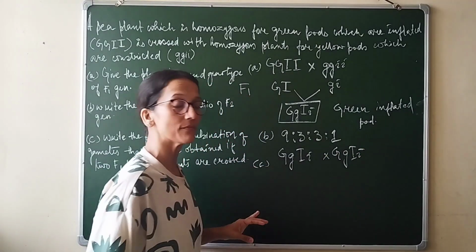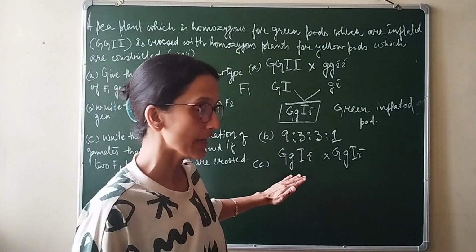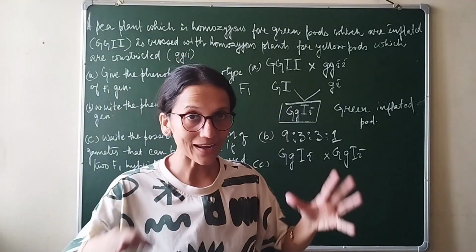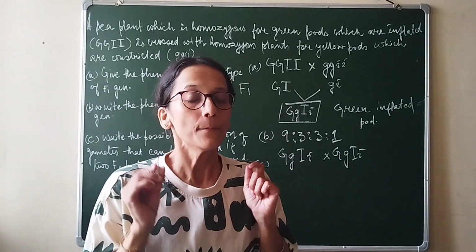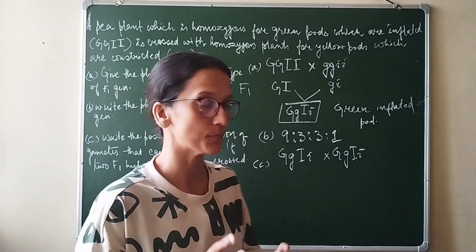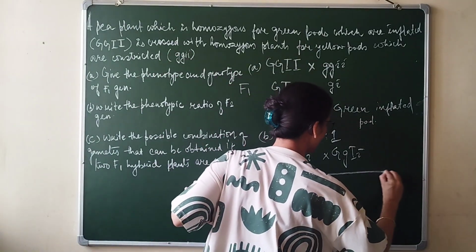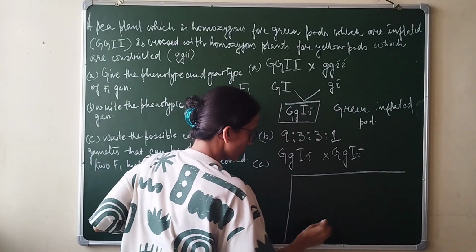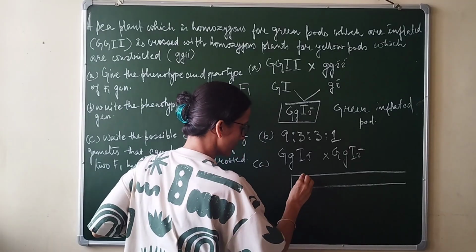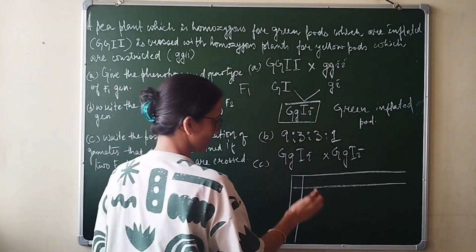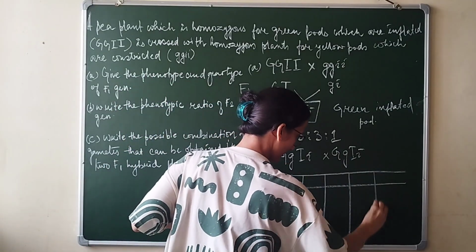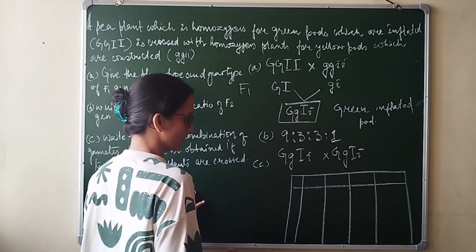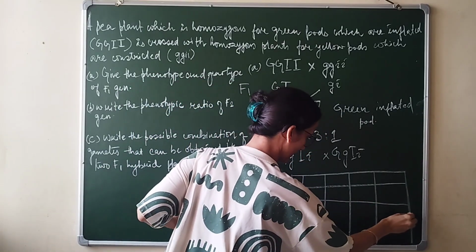If you remember in my video, I told you for dihybrid cross you need not write everything in the Punnett square, but you just have to write the possible combination of gametes that are going to be produced. So this individual will produce 4 kinds of gametes, and so will the other one.